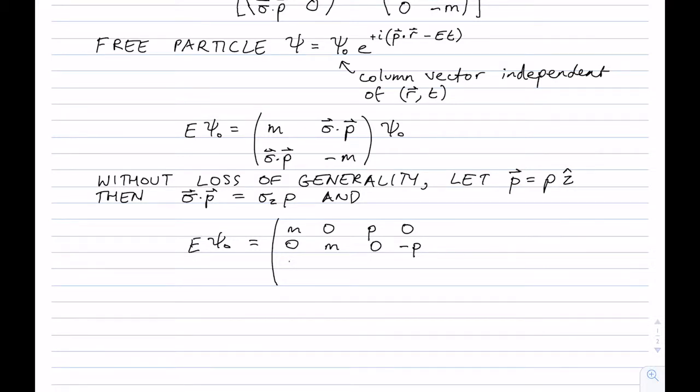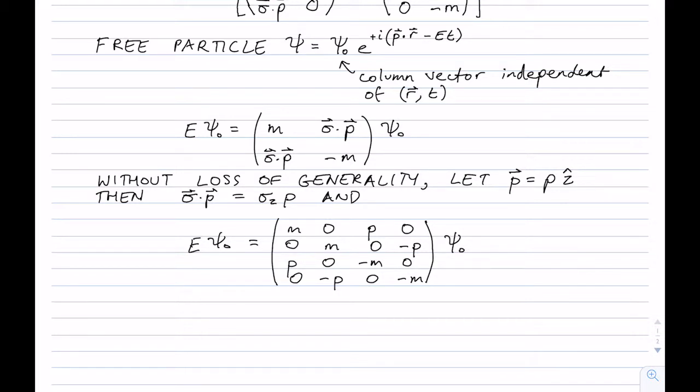Sigma dot p again. And then minus m is minus m times the identity matrix. And now I have an eigenvalue equation for psi naught, where psi naught is just some column vector.